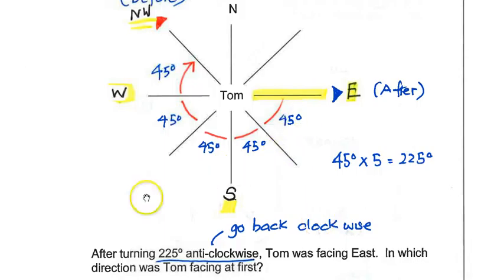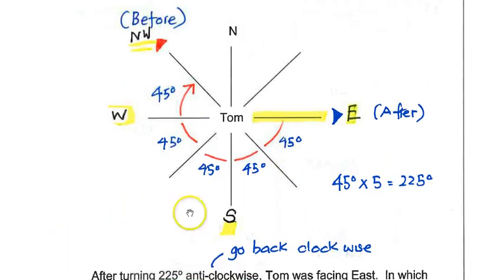So he has turned anti-clockwise from somewhere here and faced east. So now what you need to do is turn back clockwise 225 degrees. Take note that in the 225 degrees total, there are 5 lots of 45 degrees.